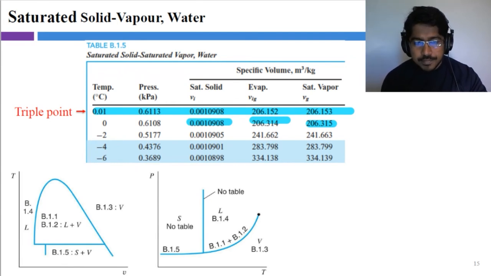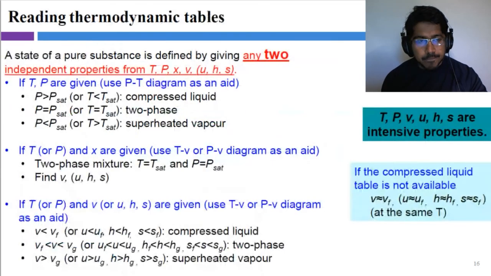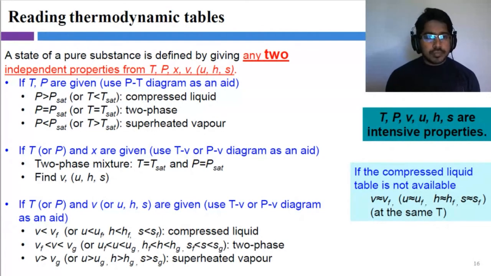Okay. Now to summarize what we did today: a state of a pure substance is defined by any two independent properties from T, P, x, v, or the other three parameters u, h, s.